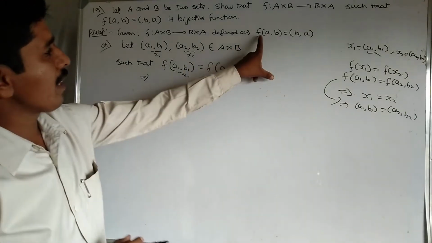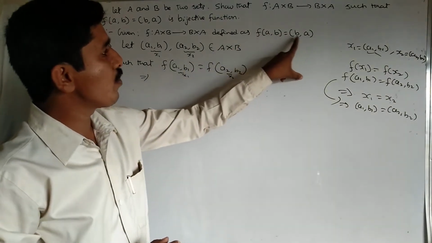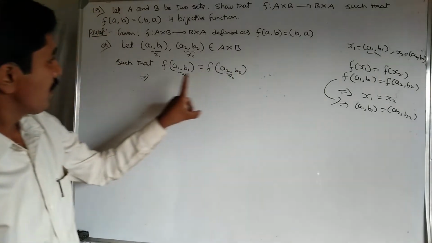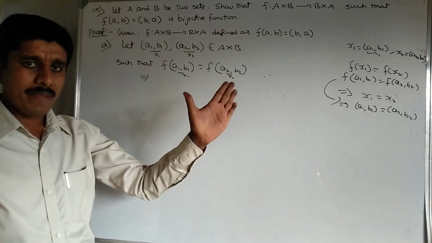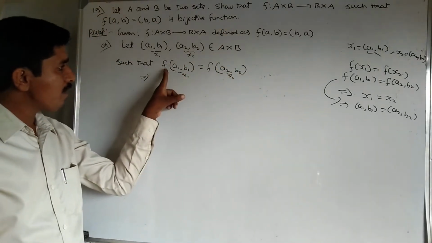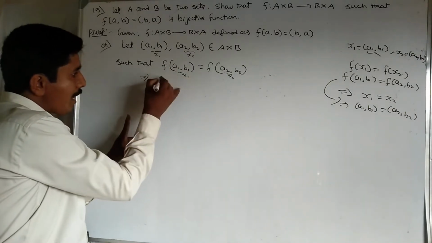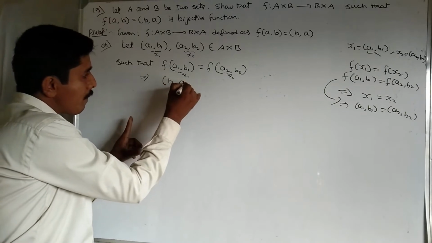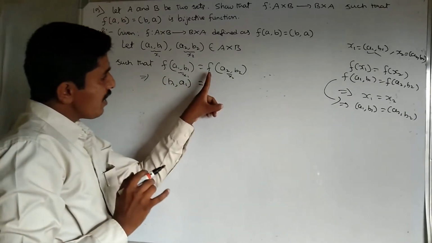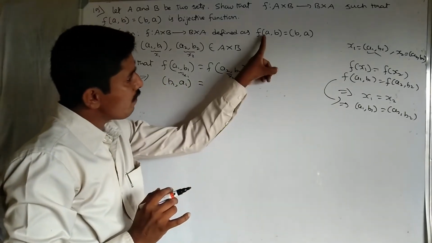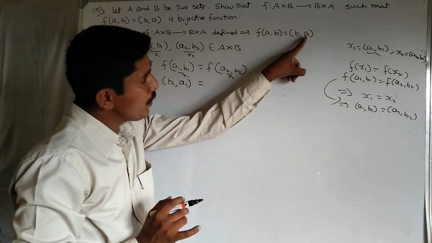Here the function is defined as F of (A, B) equal to (B, A). So F of (A1, B1) has range element (B1, A1), and this is equal to F of (A2, B2), which is (B2, A2).